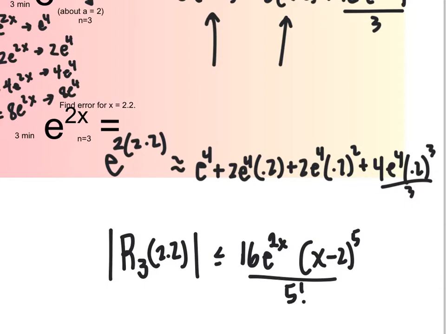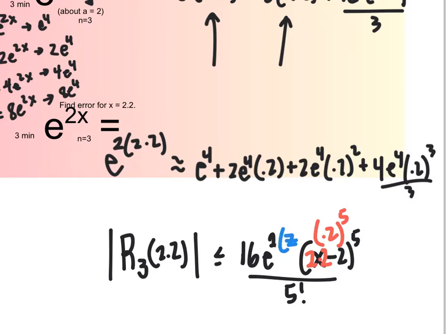Now we're going to test two numbers here. First of all, in for x, we would immediately put 2.2 here, right? So this would actually be 0.2 to the fifth power. And that won't change, right? What's going to change is what we put into the derivative. So really what I should have here is the fifth derivative, or 16 times e to the 2z.